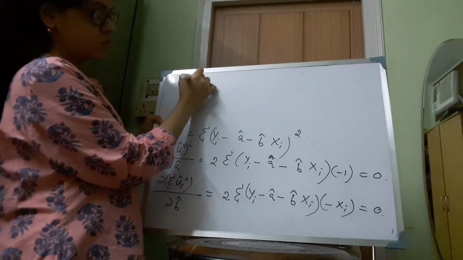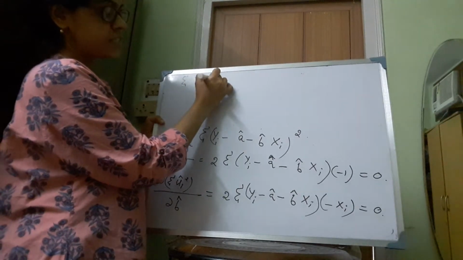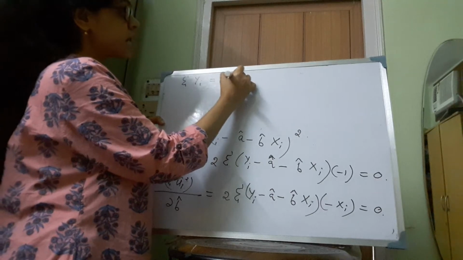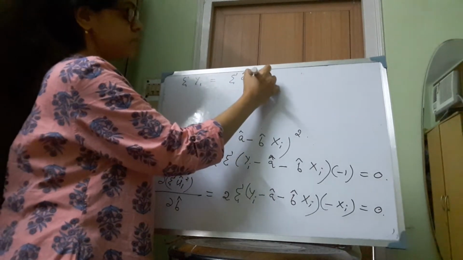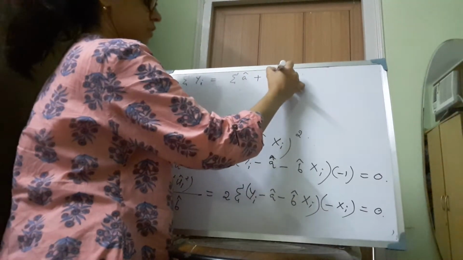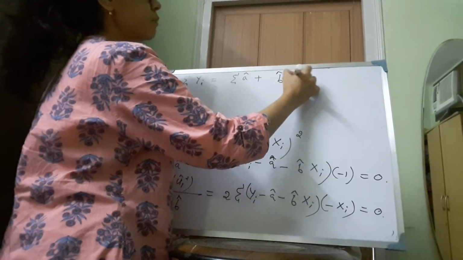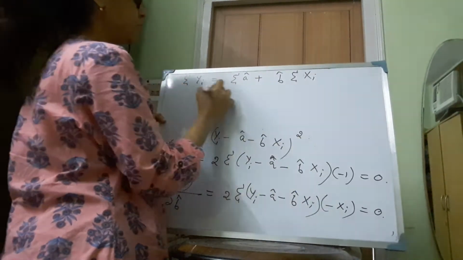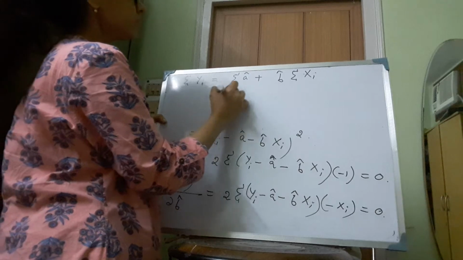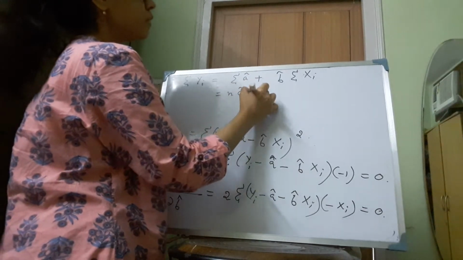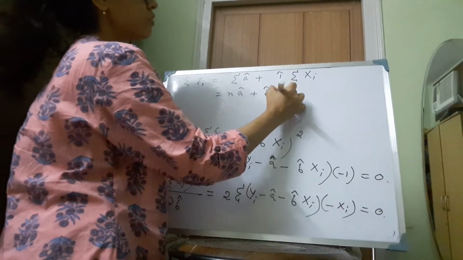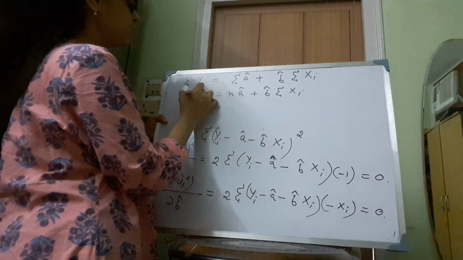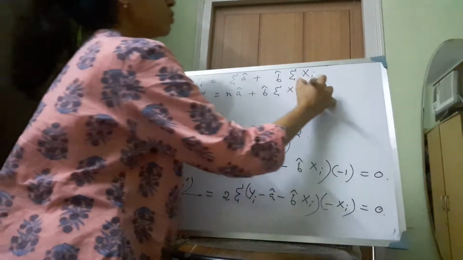summation of yi is equal to summation of a hat plus b hat summation of xi. So from here I can write n a hat plus b hat summation of xi is equal to summation of yi. So this is equation 1.